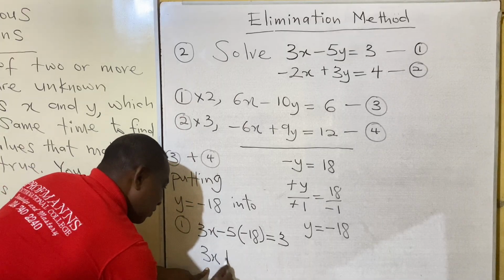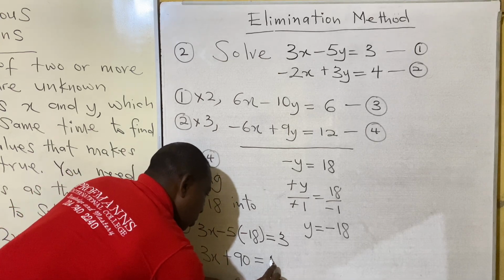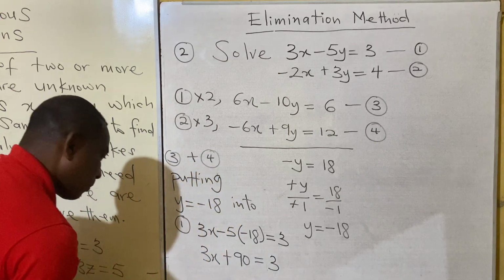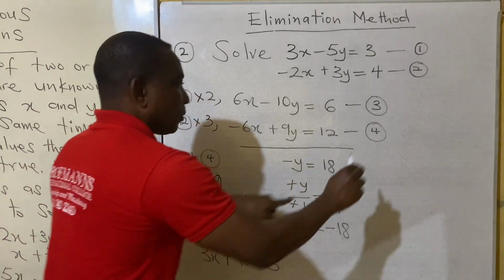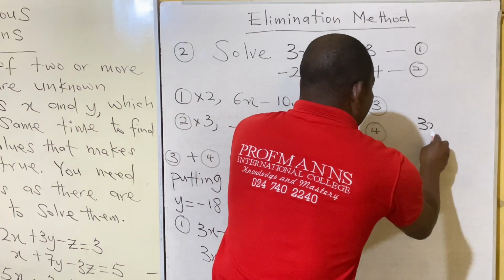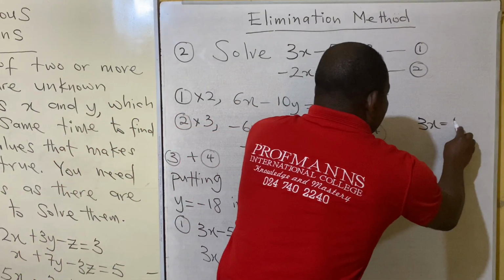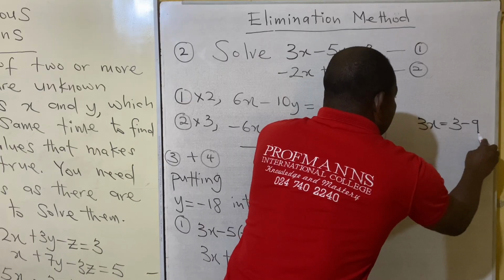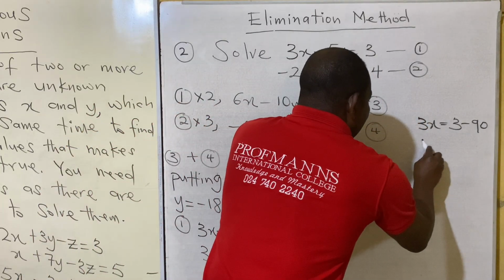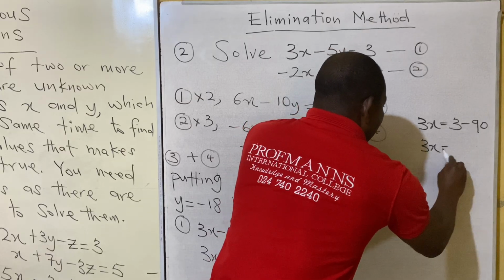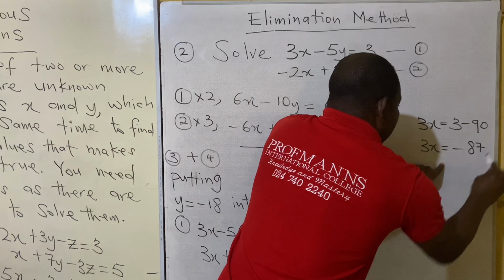Negative negative gives us positive 90. 3x plus 90 is equal to 3. 3x is equal to, we are grouping like terms, so it will be 3 minus 90. When we do the subtraction, it gives us minus 87.